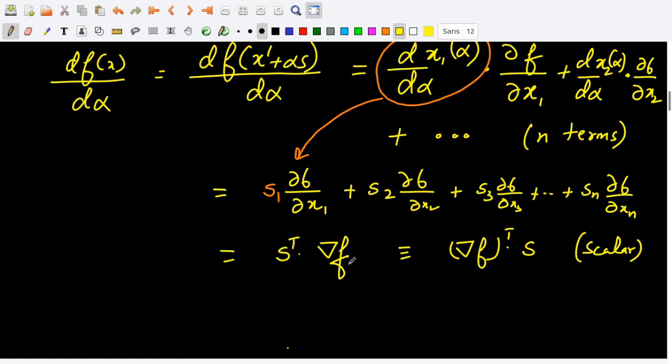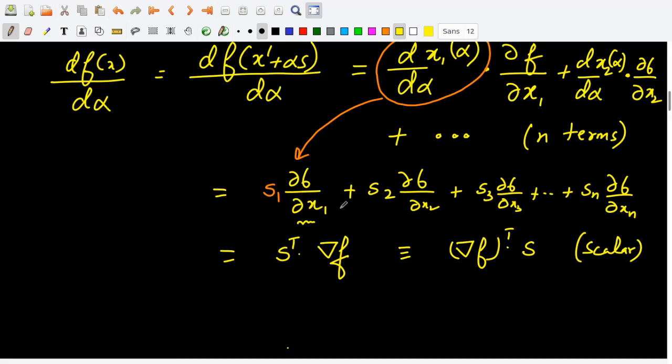Another way of looking at it is we just look at how f is changing in each direction. So how f changes along x1 is given by this term. And this tells me how much I'm moving along x1: the direction s has an s1 component along x1, so I'm moving s1 distance along x1. So this gives me a rate of change along x1.